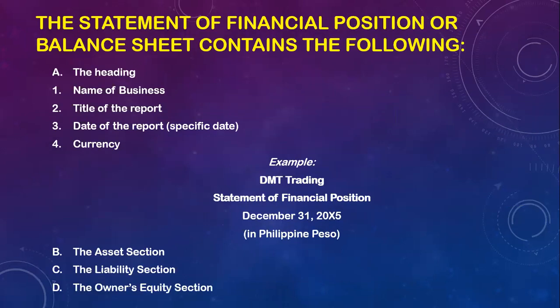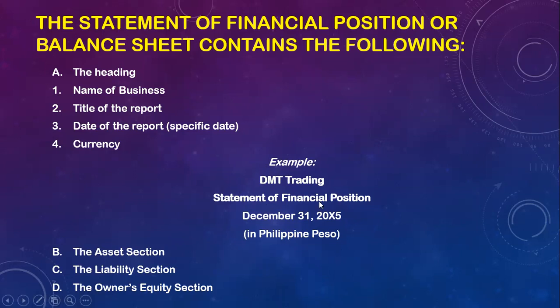Next natin. The statement of financial position or balance sheet contains the following. Ito naman yung kung paano kayo magpe-prepare ng isang financial position. So, automatic dapat may heading, name of business. Ito yung example, DNT Trading.